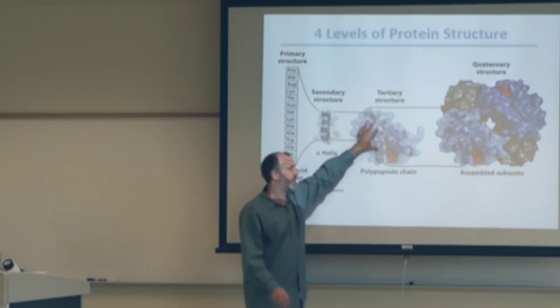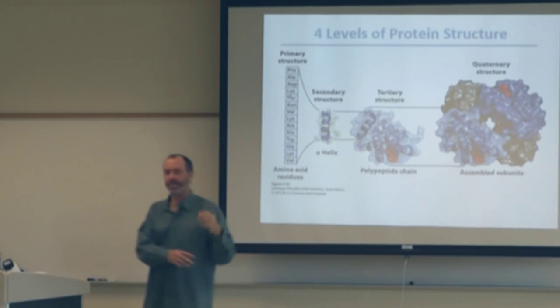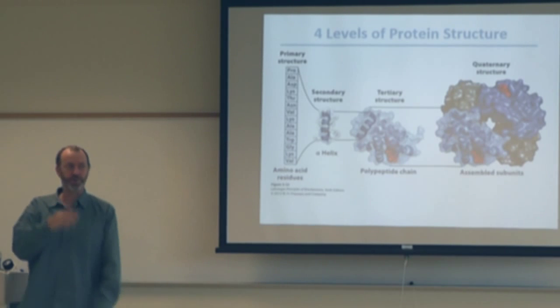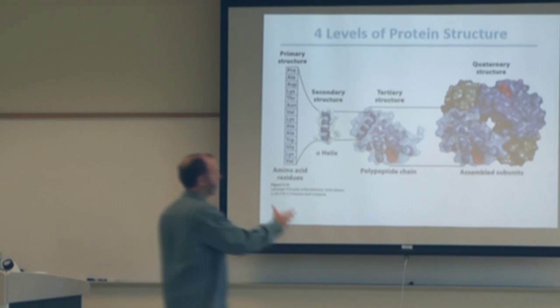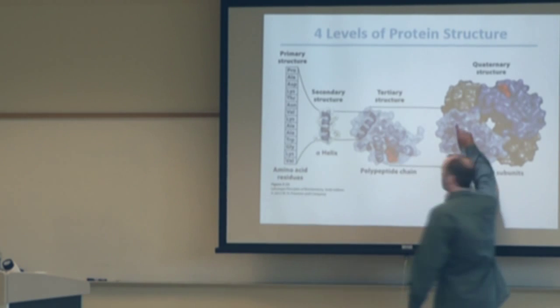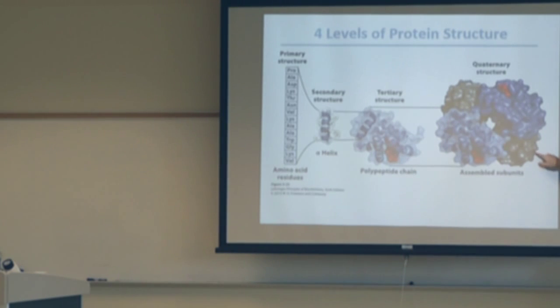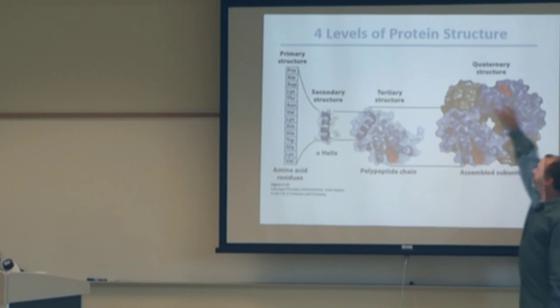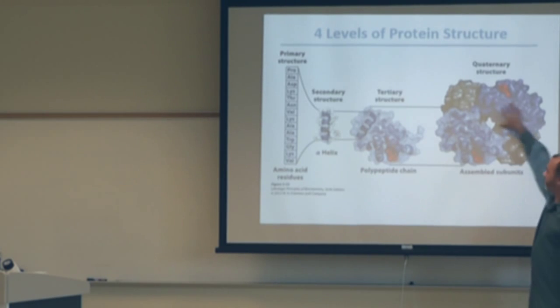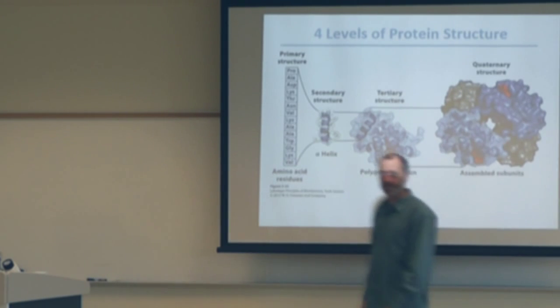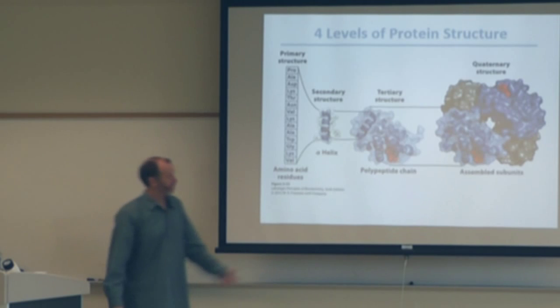Tertiary structure is the overall fold of one polypeptide chain. And we know a lot of proteins don't function as one polypeptide chain. In this example, does anybody know what molecule this is? Hemoglobin, yes. Hemoglobin exists as four polypeptides together to gain its function. It's used to carry oxygen through our blood.